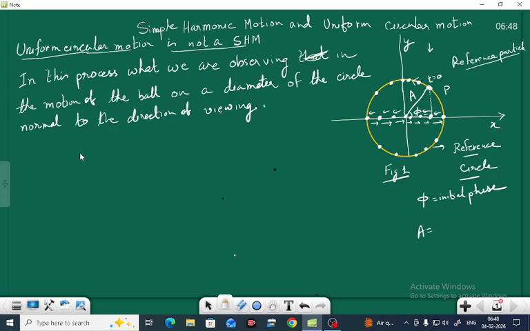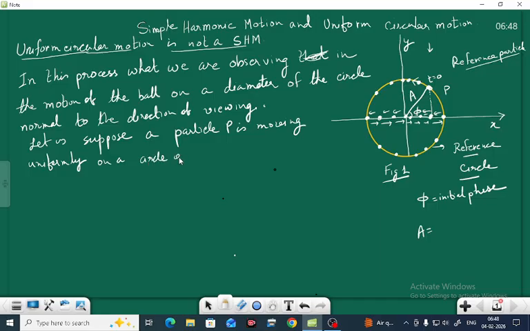Let us suppose a particle P is moving uniformly on a circle of radius a with angular speed omega.